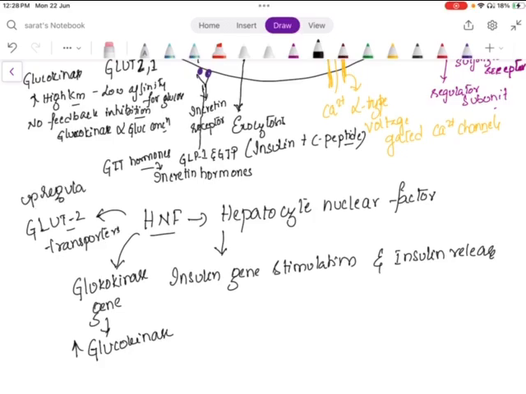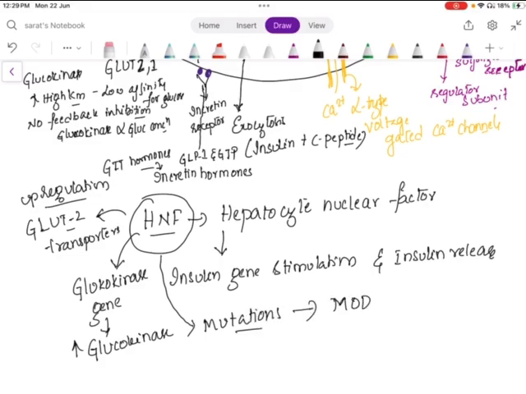This is how HNF causes insulin release. And HNF mutations will cause a separate disease called maturity onset diabetes of the young.